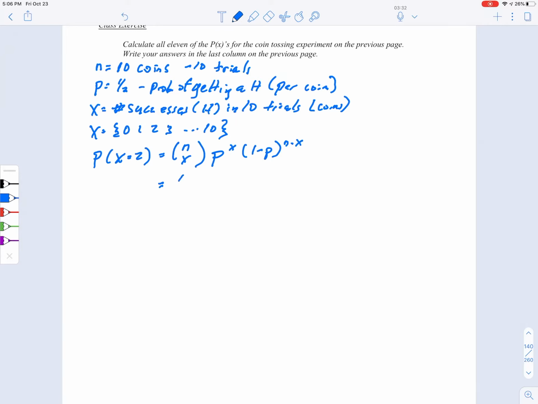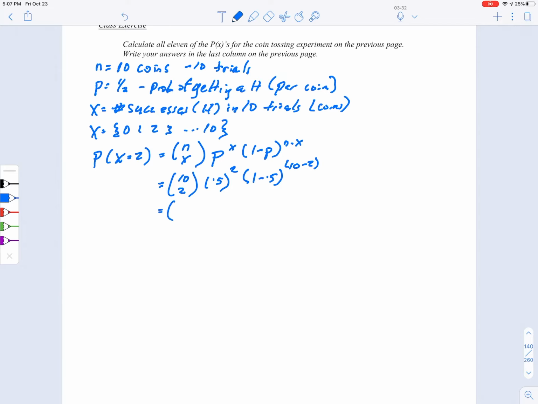In our case, that would be 10 choose 2 times p, which is 0.5 or 1/2, to the x power, times 1 minus 1/2, which is also 1/2, to the 10 minus 2 power, which is 8.